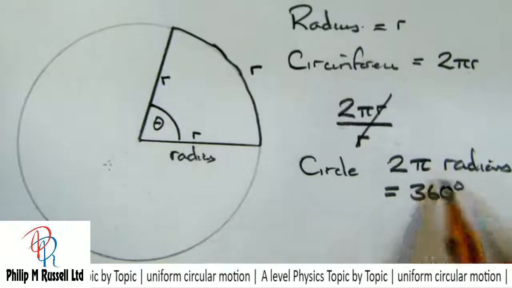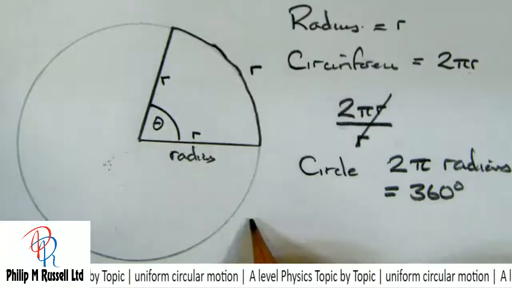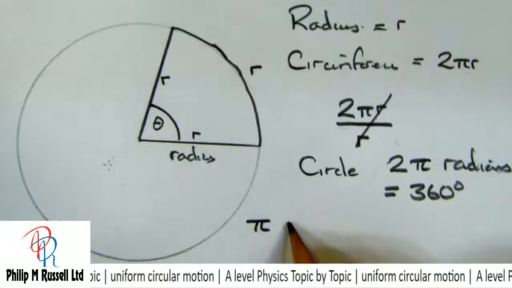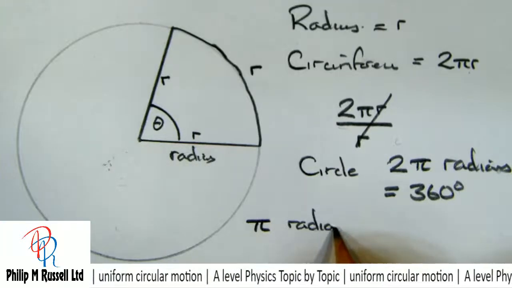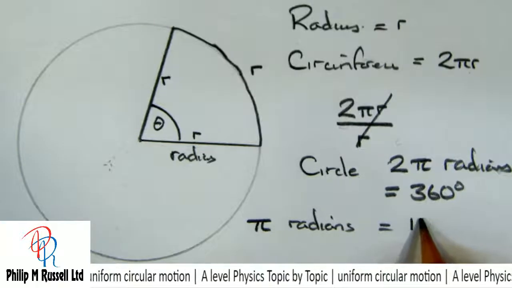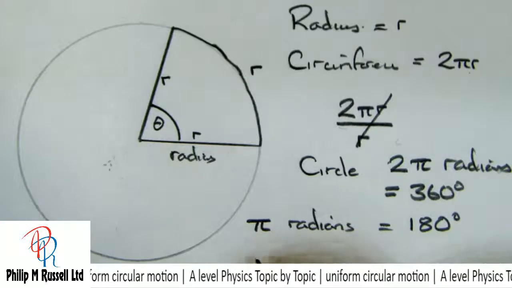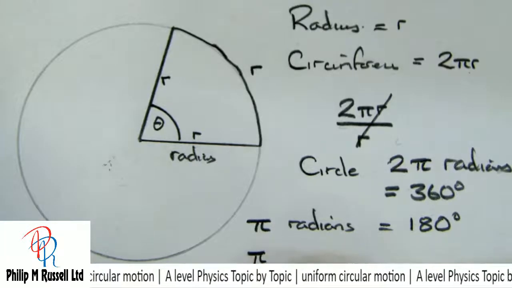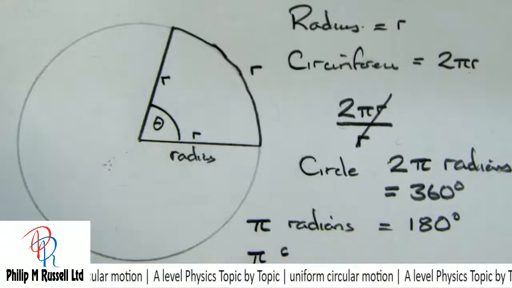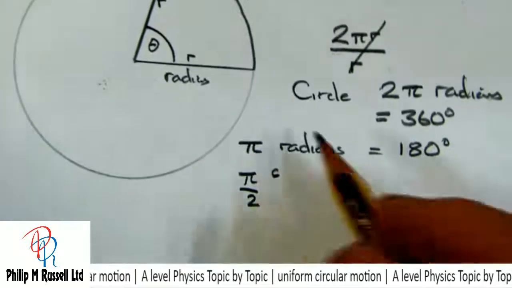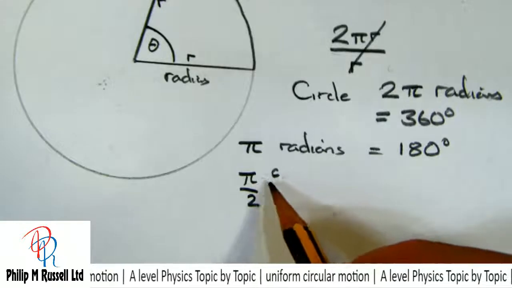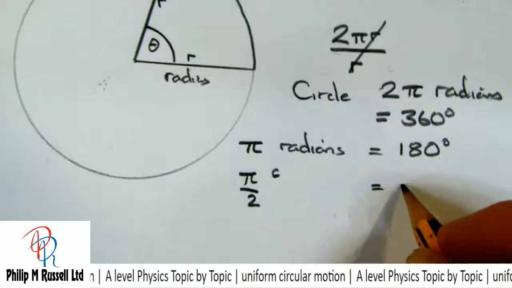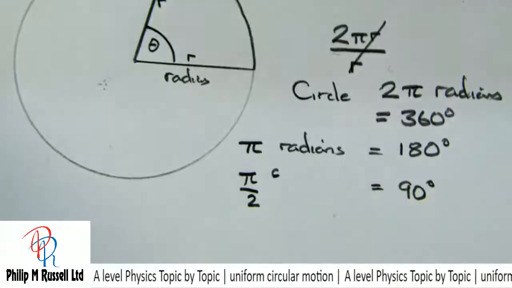Well, if 2 pi radians is 360 degrees, then it follows that pi radians is going to be 180 degrees. And if we've then got pi divided by 2 radians, and we often use just a little c up there, like a degrees symbol, but now as a c, that's going to be 90 degrees.